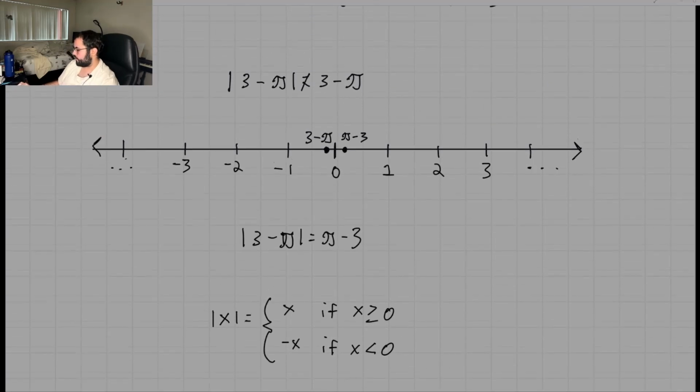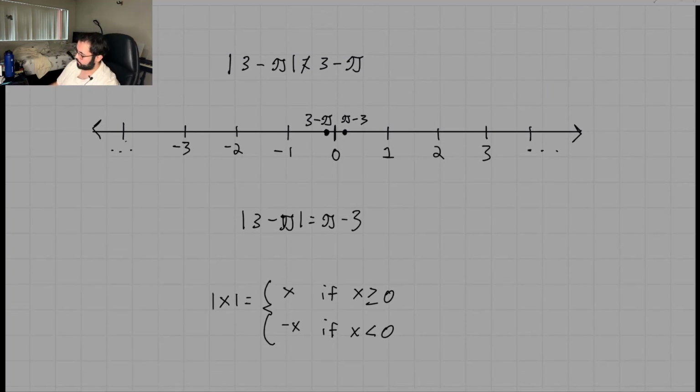And you can interpret this by looking at the real line. It's pretty much saying if our x is to the right of 0 on our real line, then the absolute value is going to be equal to the value itself. If it is to the left of 0 on our real line, then it is going to be equal to the negative of the value.